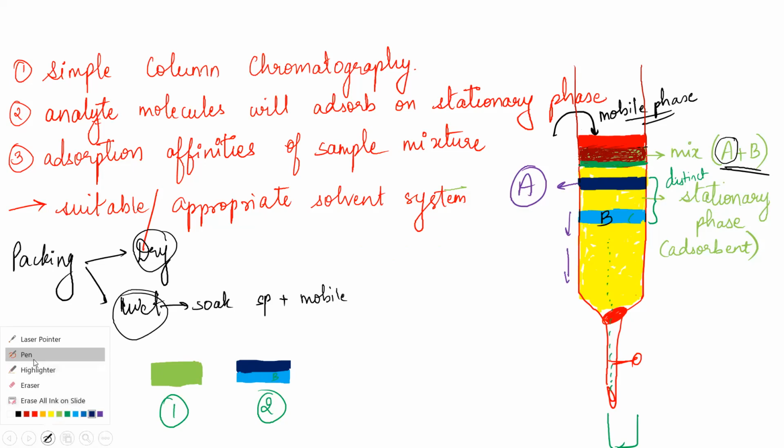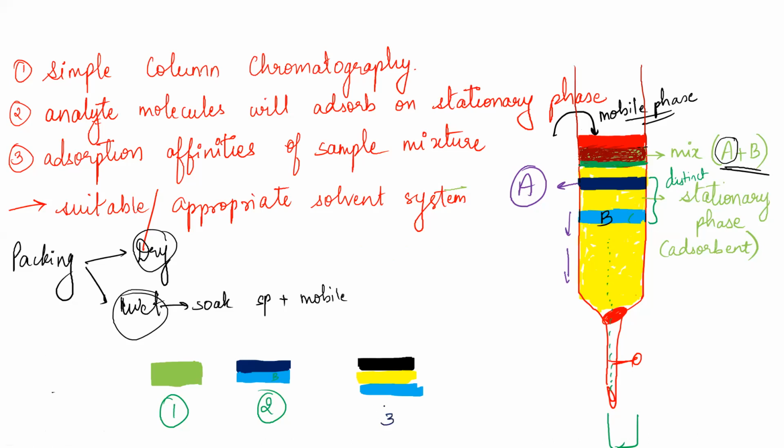So what is a distinct separation? Now a distinct separation is going to be like this. So your analyte A will be here. In between that is going to be your stationary phase. Okay, imagine that this is happening in the column. And then your B. Now is this distinct separation, the third picture?